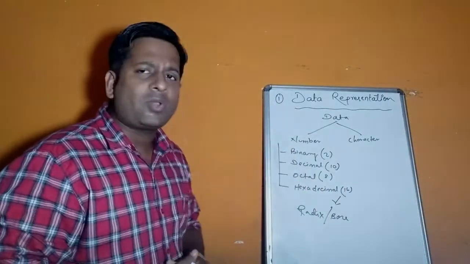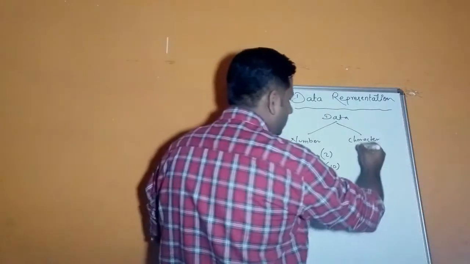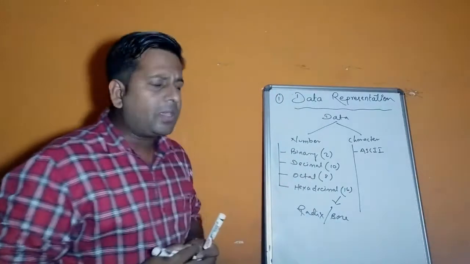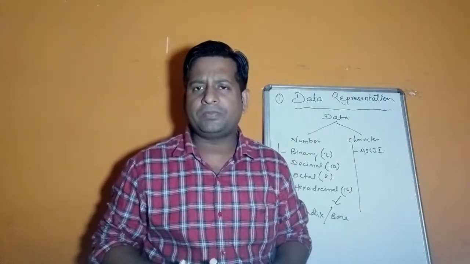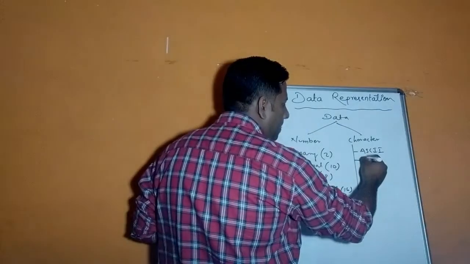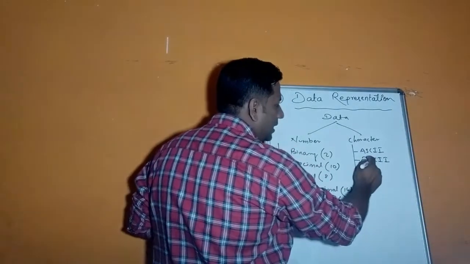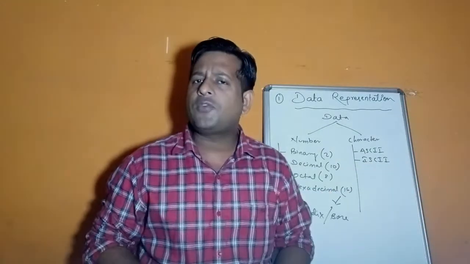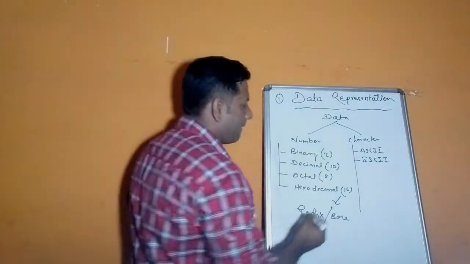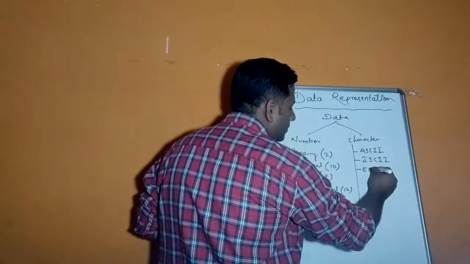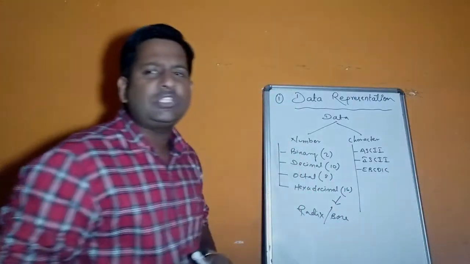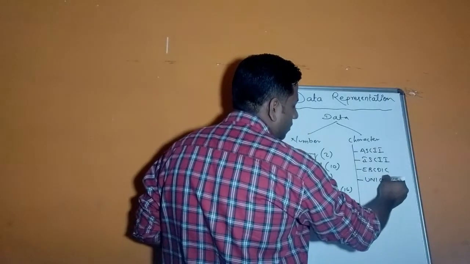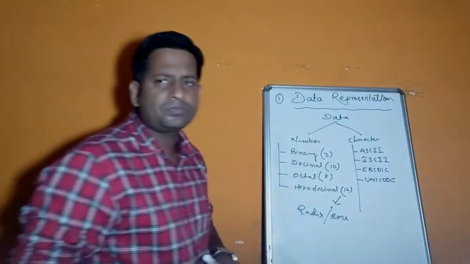These characters were represented in the form of ASCII, American Standard Code for Information Interchange; ISCII, Indian Standard Code for Information Interchange; EBCDIC; and Unicode.